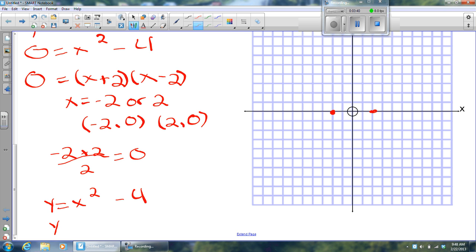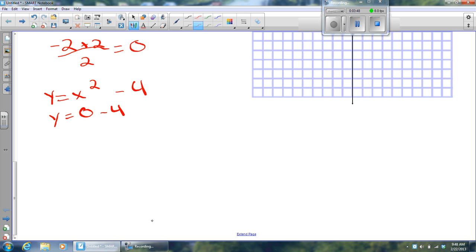So y equals 0 minus 4. So we have y equals negative 4. And that is our y-coordinate of our vertex. So the point of our vertex is going to be at 0, negative 4.